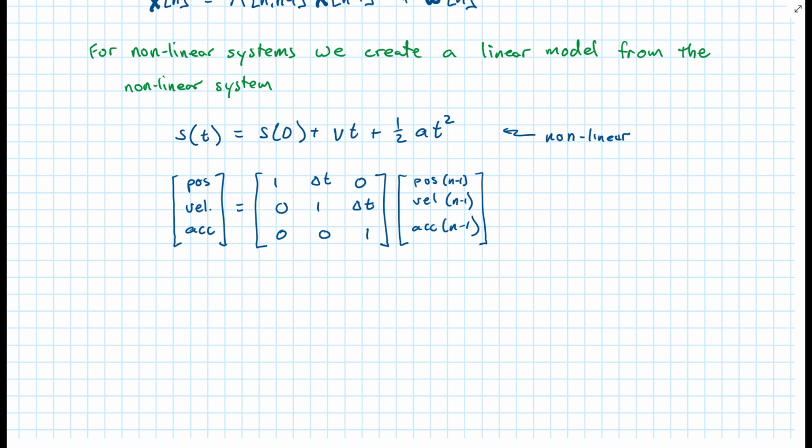And in so doing, we've now effectively rendered this nonlinear system as a linear system. So this is a valid approach. We've already seen it. It seems like a natural thing to do.